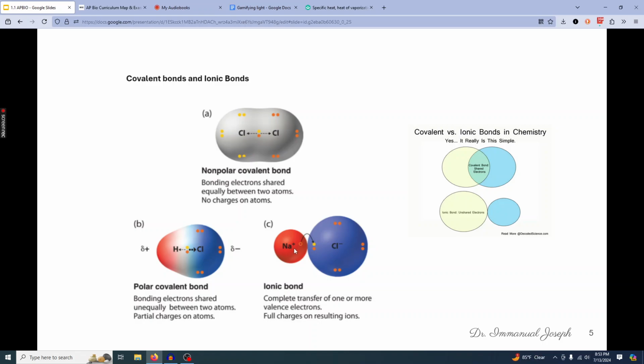And so remember that electrons are negatively charged. When something gives away an electron, it becomes positively charged. So you have sodium, which now suddenly has gotten a positive charge. And then you have chlorine, which has received an electron, and now it's gained a net negative charge. One of the fundamental rules in chemistry is that positive and negative will always attract.